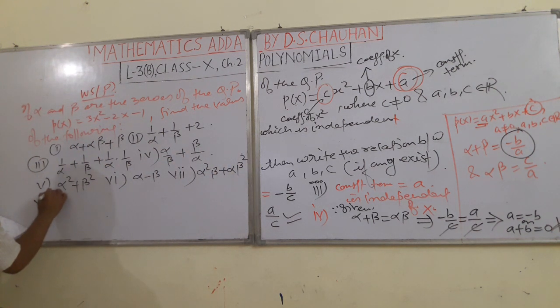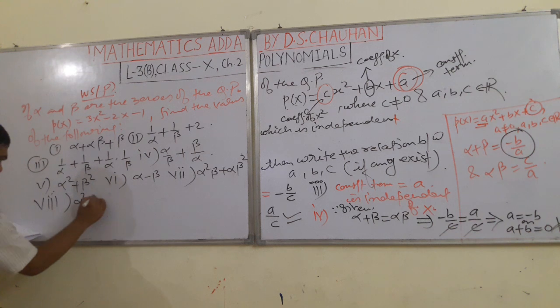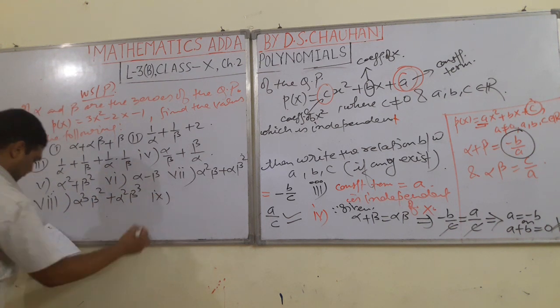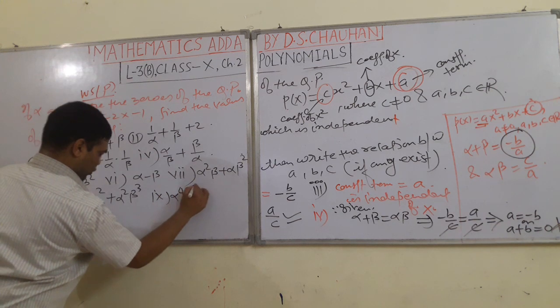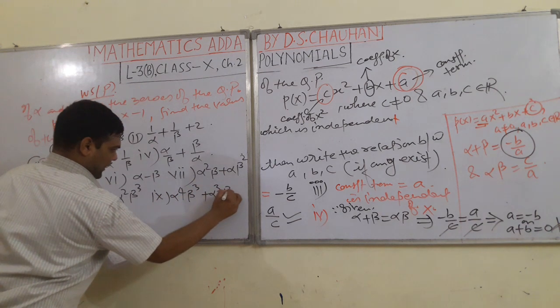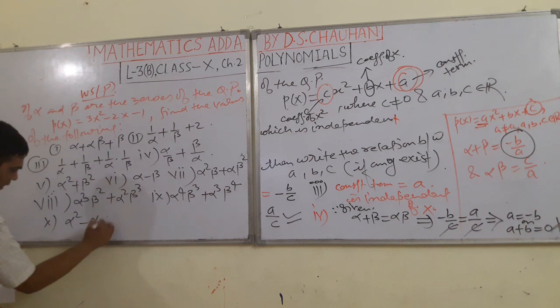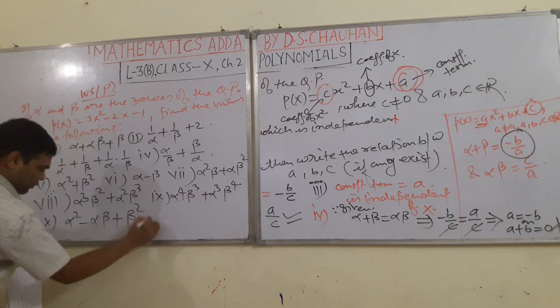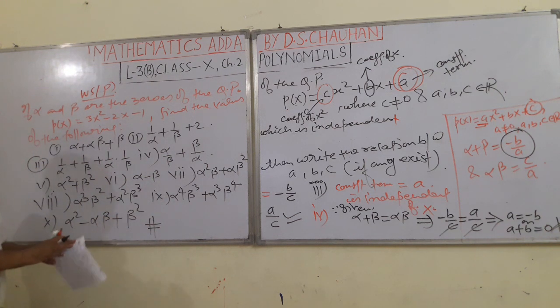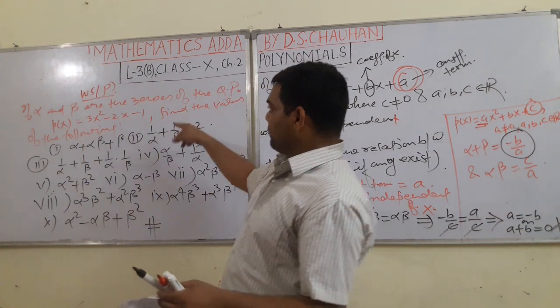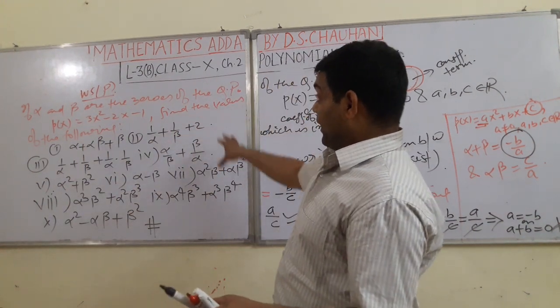Eighth, alpha cube beta square plus alpha square beta cube. Ninth, alpha raised to 4 beta cube plus alpha cube beta raised to 4. And the tenth, the last one, alpha square minus alpha beta plus beta square.